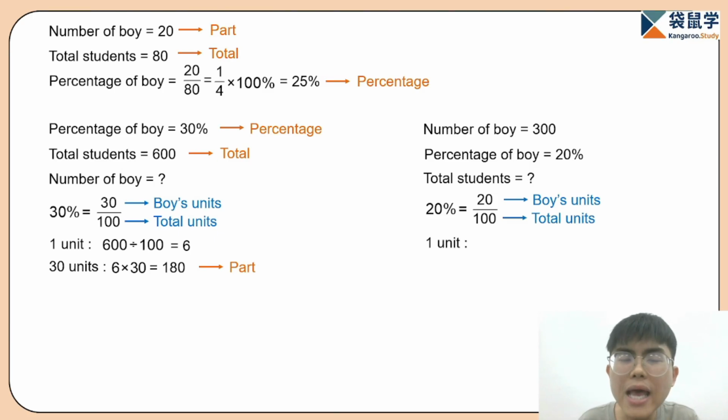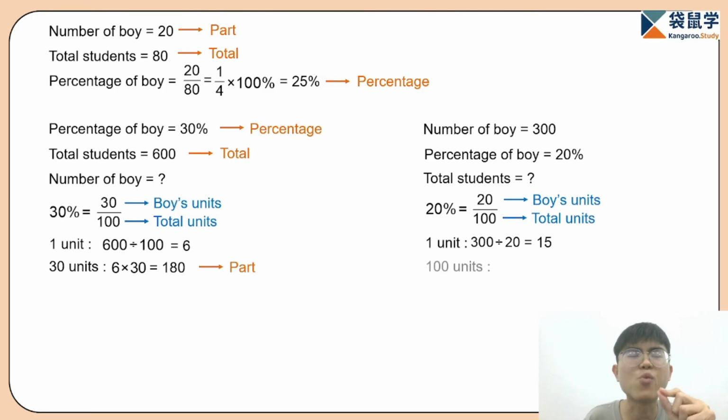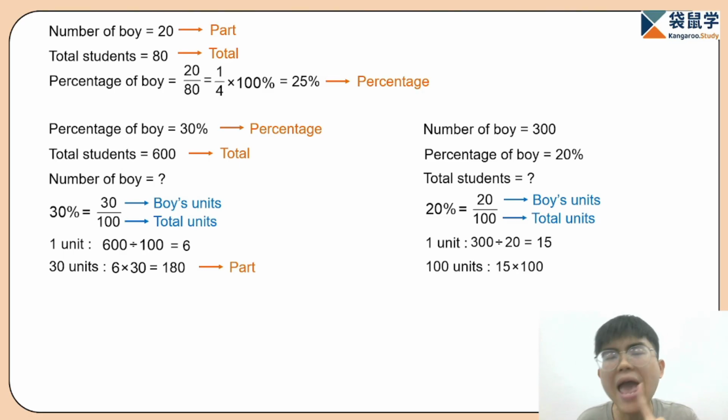Yes, since we know that the number of boys is 300 and the boys unit is 20, we can use 300 divided by 20, which is 15. So how many units are there for the total number of students? It is 100 units. So we can use 15 times 100 and we will get 1,500.